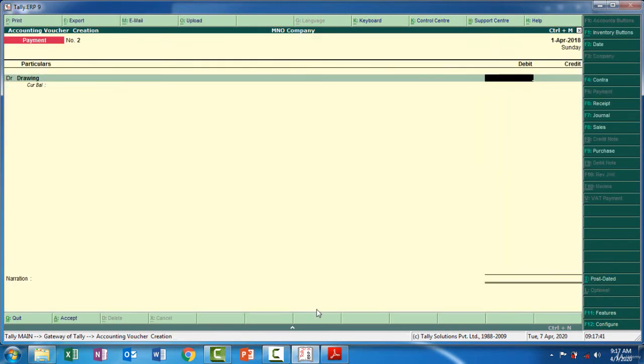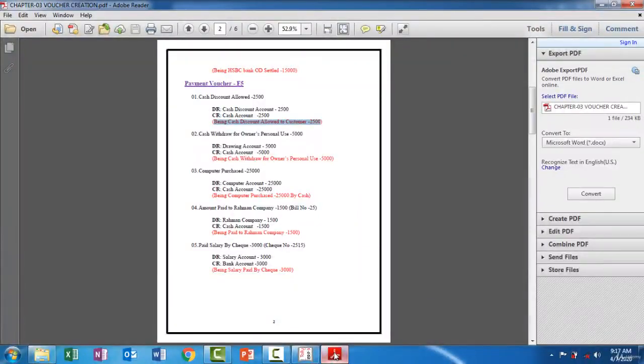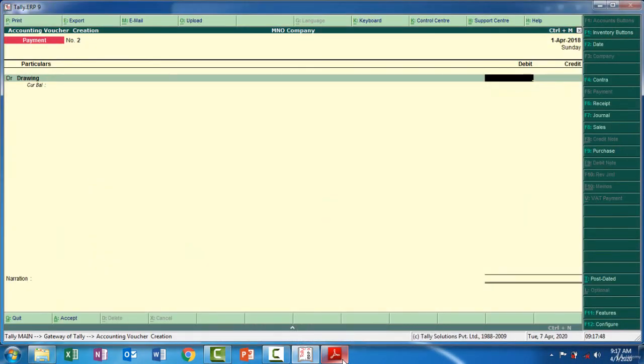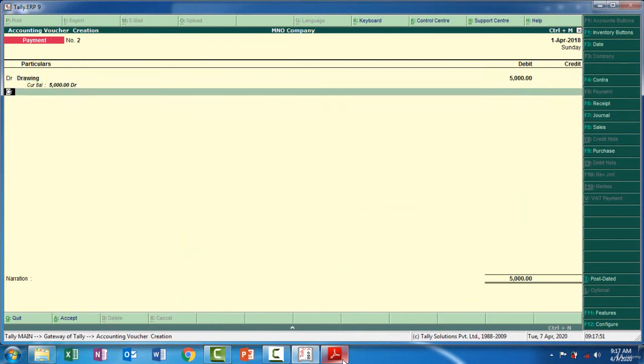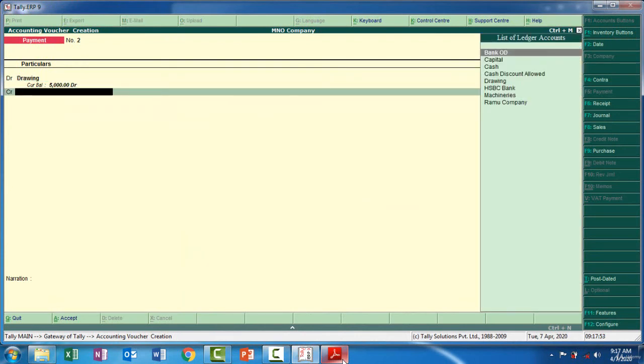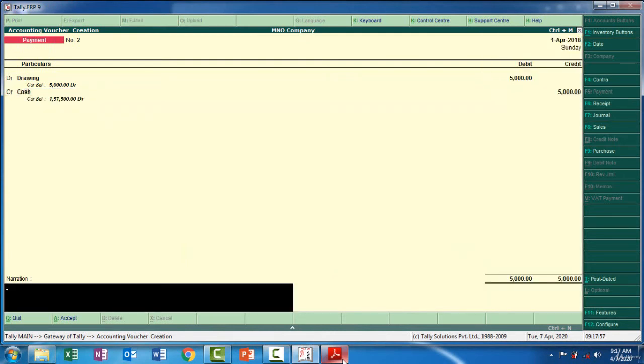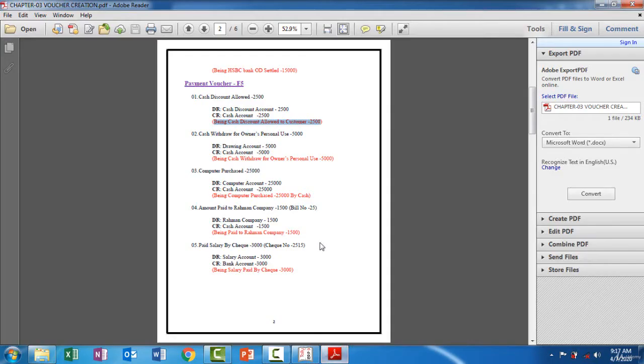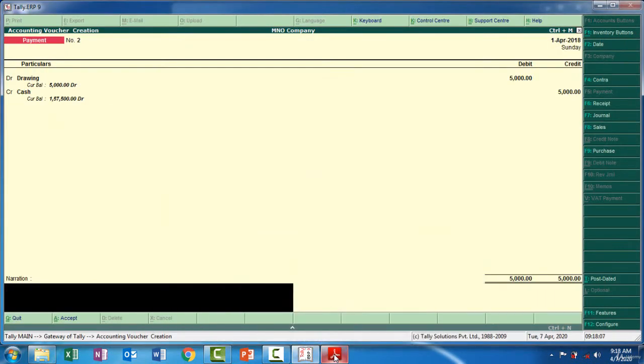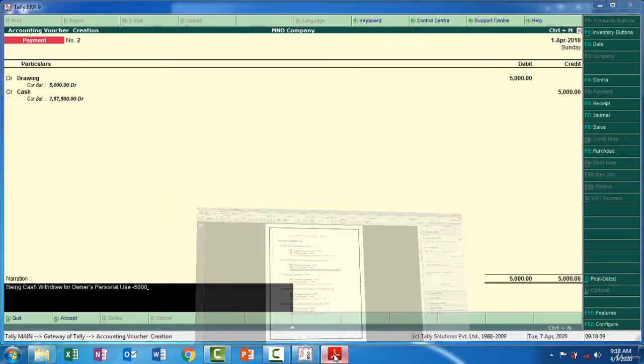So debit how much? 5,000. So I'm going to type 5,000, and then cash account credit 5,000. So the narration is being cash withdraw for the owner personal use.